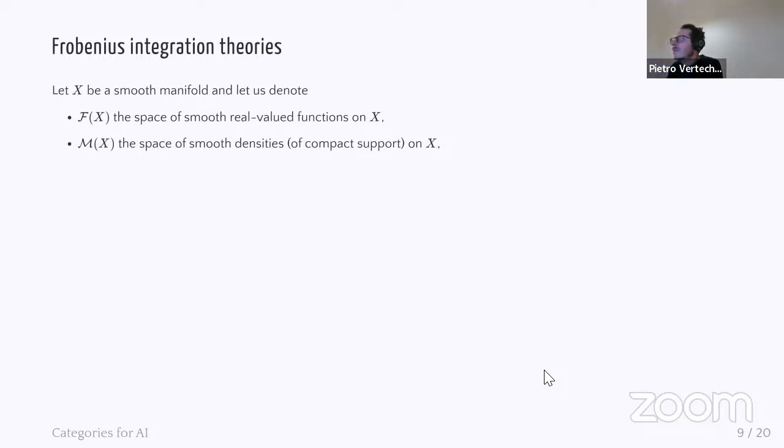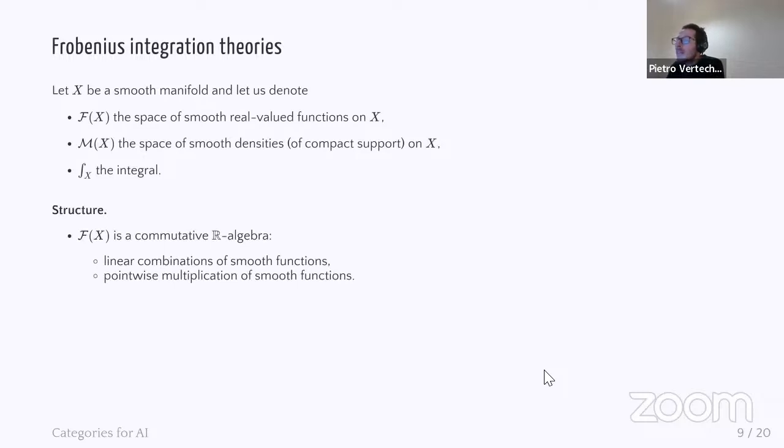So it's a technical requirement. And finally, we will use this notation to denote the integral on the whole manifold X. So this is the key data that we'll be working with.